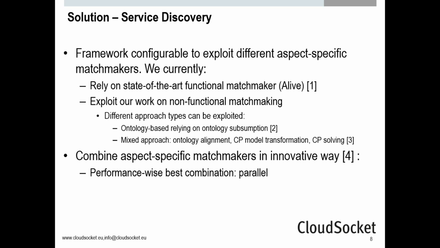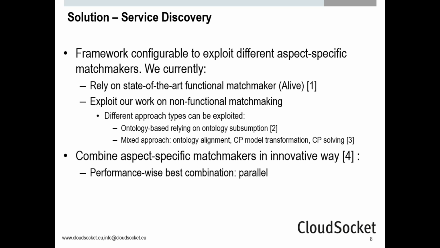In addition, we are now investigating how aspect-specific matchmakers can be combined in innovative ways. One conclusion, which can also be inspected in reference 4, is that the best possible combination for now is the parallel combination. So we first have to execute in parallel both the functional and non-functional matchmakers.